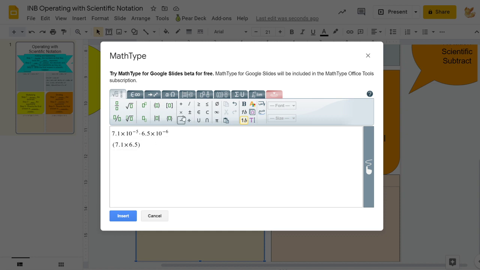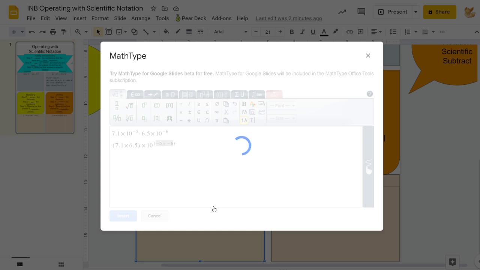And then you're going to times that by 10 to the power, and I'm going to put parentheses here because you're going to do negative 5 plus negative 6. So you find out what this equals, then you find out what this equals, and your answer would be the 2 of them combined.